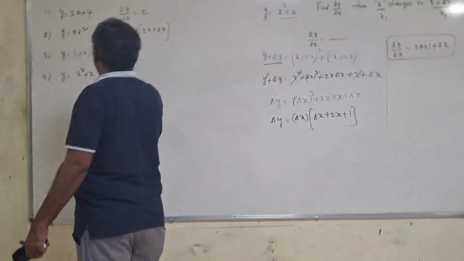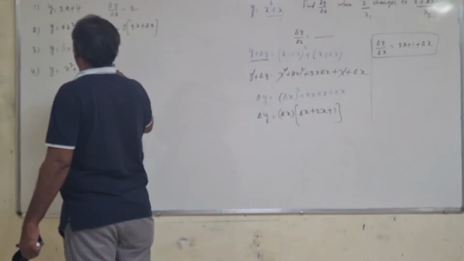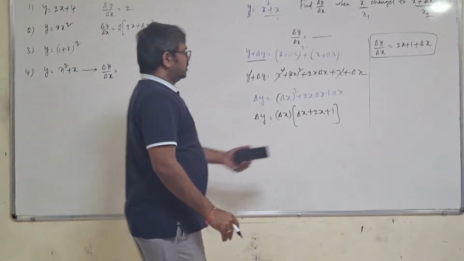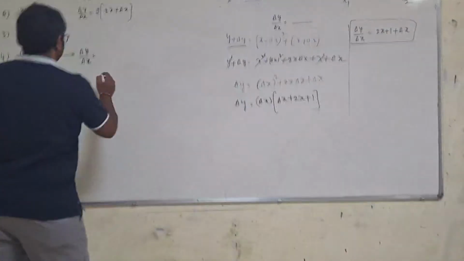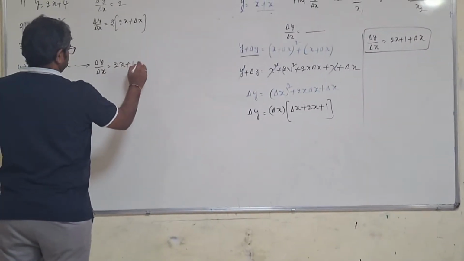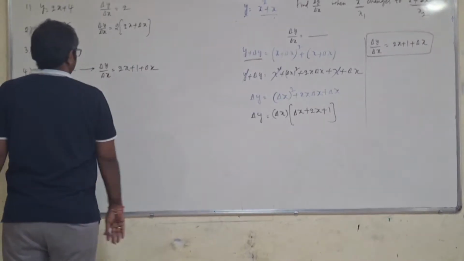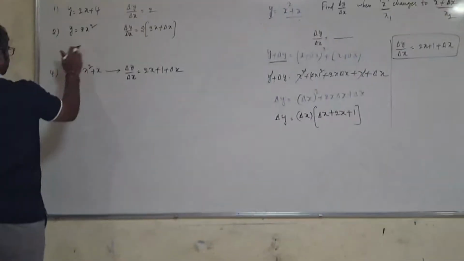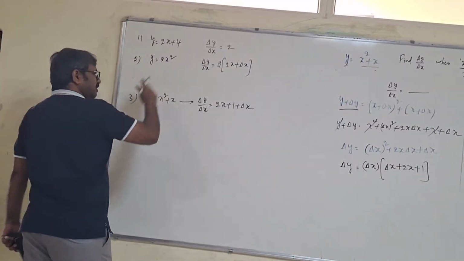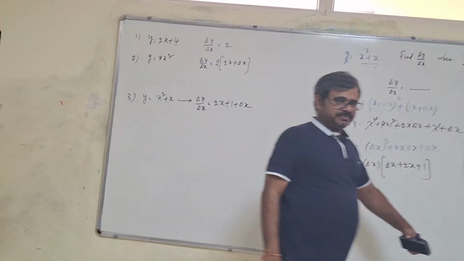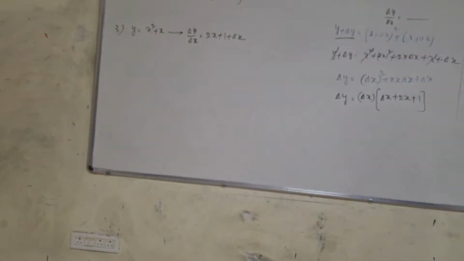And for x square plus x, what was delta y by delta x? We were getting 2x plus 1 plus delta x. Okay. Let's talk about this third one later. Three should be enough for us to understand what we are doing here.